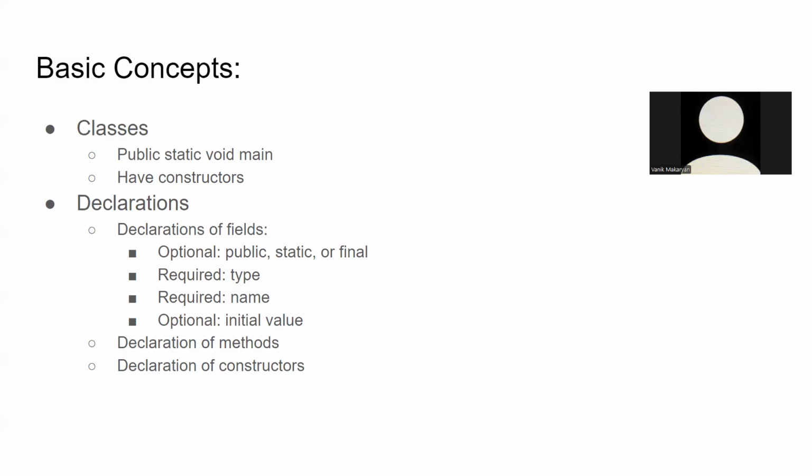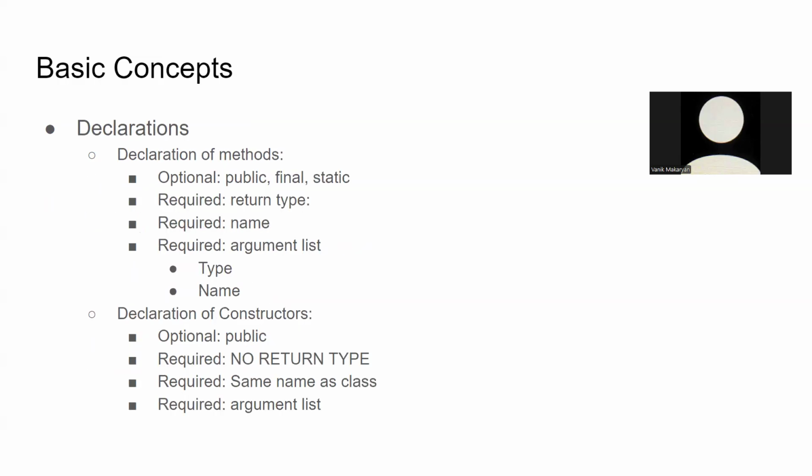Now, you've always written class hello or whatever, and it was always just sort of magic, I think. But we're going to dive deep into what a class really is. Okay, so classes have fields, and they have methods, and they have constructors that all can be declared inside the curly brackets that comprise the class. The declarations of methods are all going to have optional characteristics like public, final, and static.